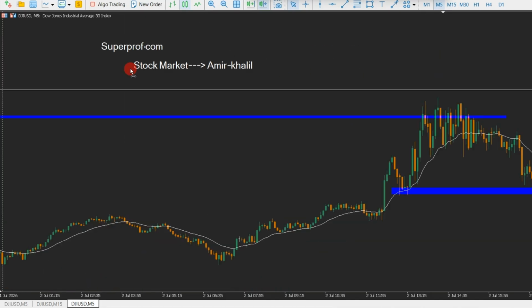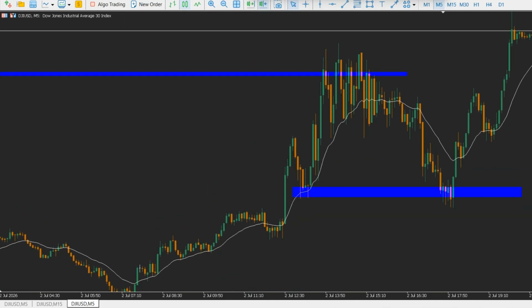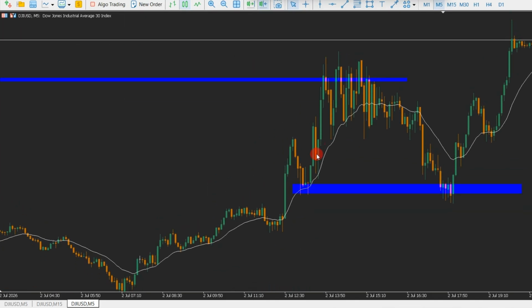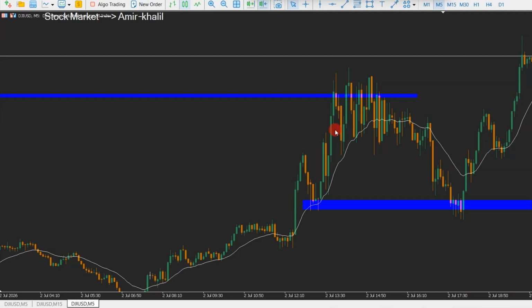Now that we go to the 5-minute chart, you can take a look at this last rally, and that it will reach this zone. If you look at this last rally, you can see the price reaches this level, but immediately gets rejected.